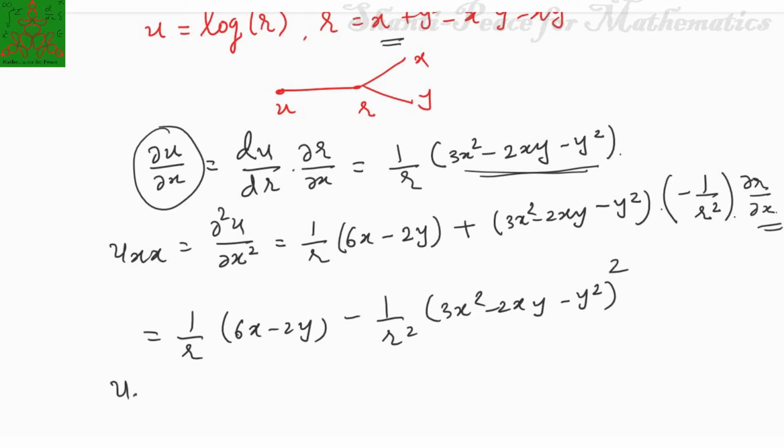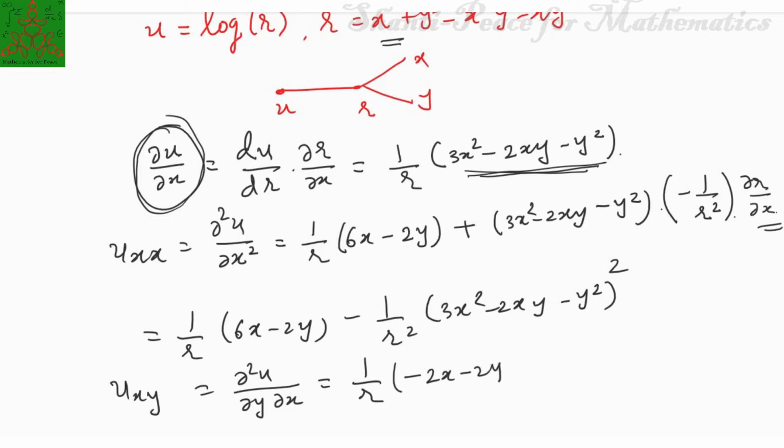Now u_xy, it is actually del square u by del y del x. So we need to calculate the derivative of u with respect to y again. So this 1 upon r as it is, the derivative of this with respect to y will give you minus 2x minus 2y, plus this 3x squared minus 2xy minus y squared as it is.